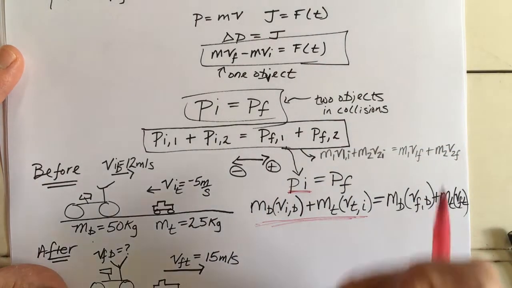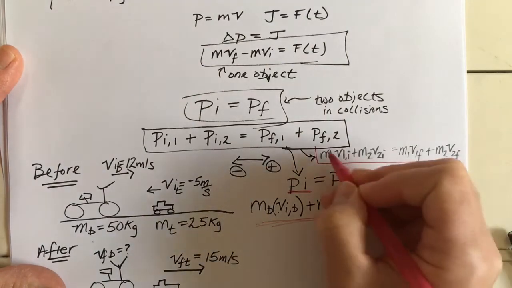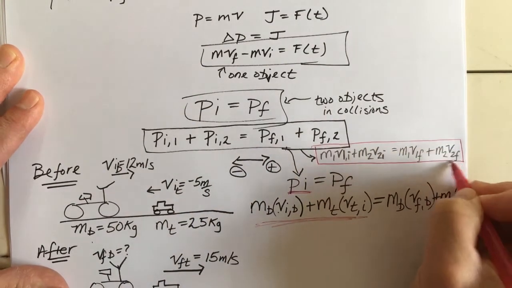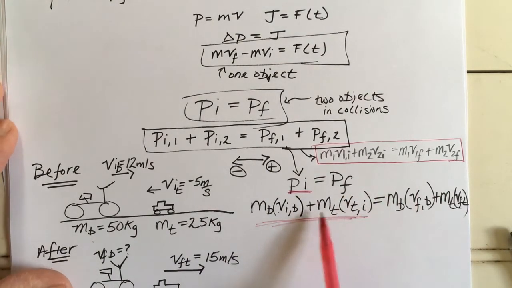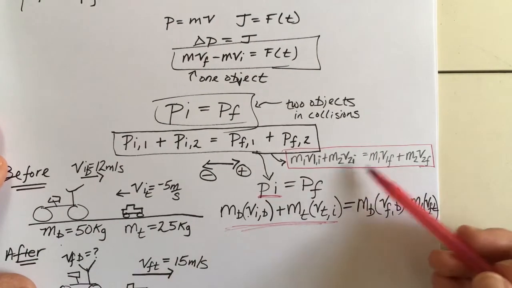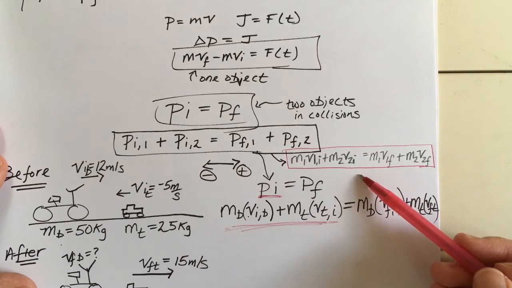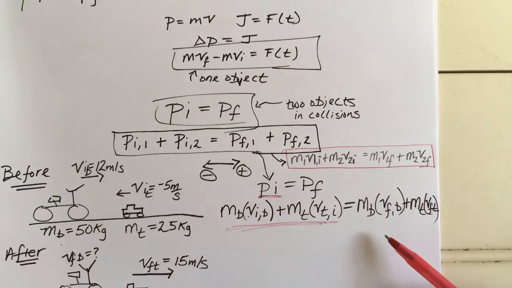So this is really the equation we're going to be using most of the time here to solve these problems, generically written for any problem, right? This is specifically for the bike and the truck, but generically written, it'll look like this. And that's what we'll end up using going forward.